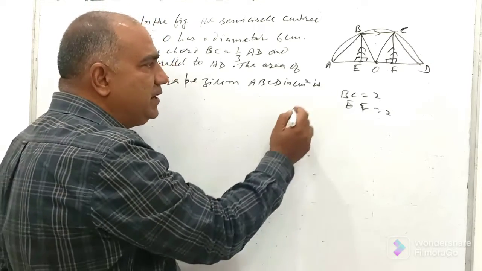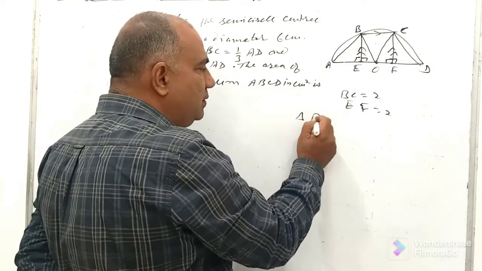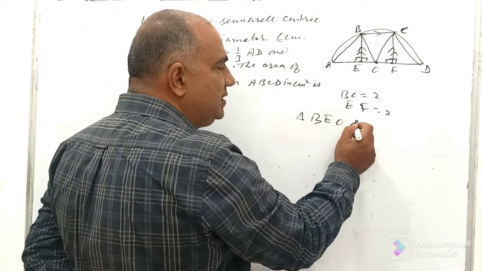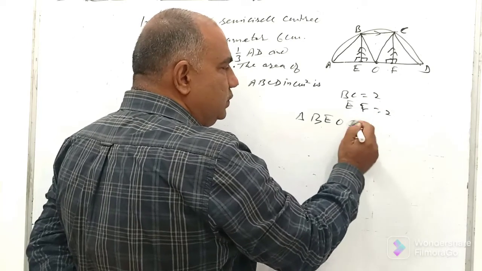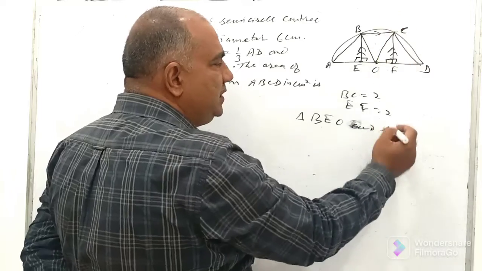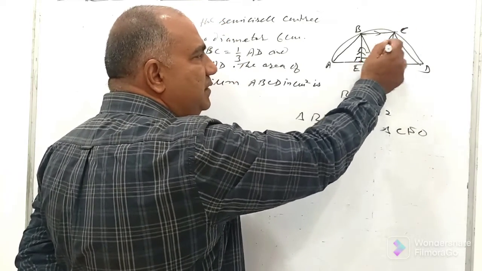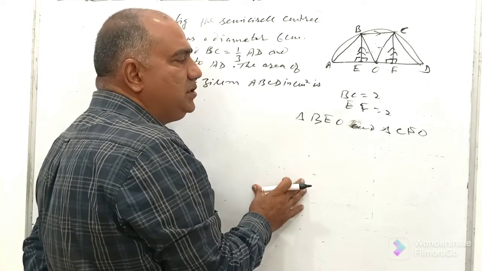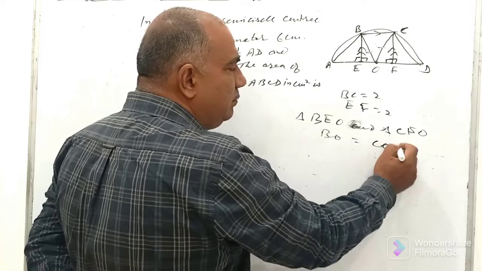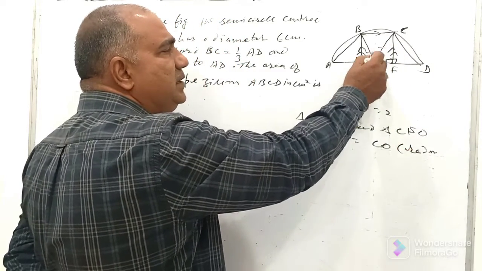Now consider triangle BEO and triangle CFO. You see, BO and OC are equal. Both are radii of the circle, center to circumference.